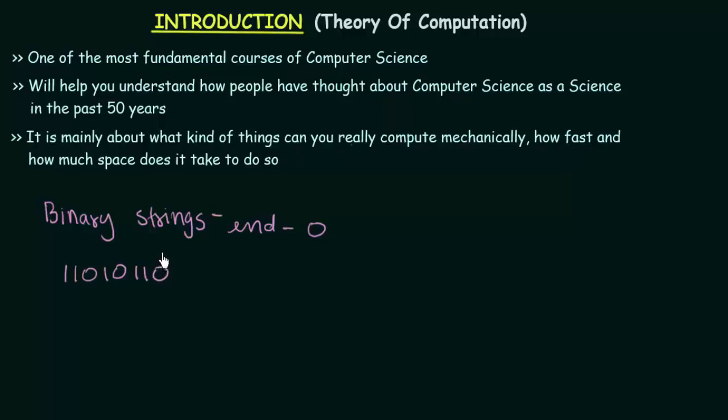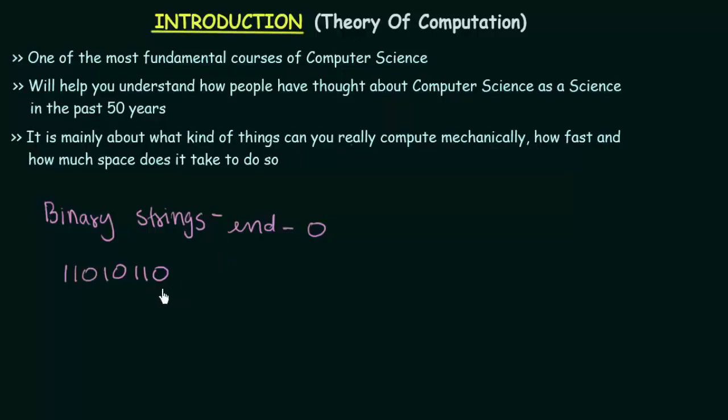Now I should check whether this string is accepted by my machine. As a human being, how would I perform this task? I would just look at the last digit, and if I see that it is 0, I say yes, I accept it. Or if I find that it is equal to 1, I say no, I reject it. So how would a machine do this?